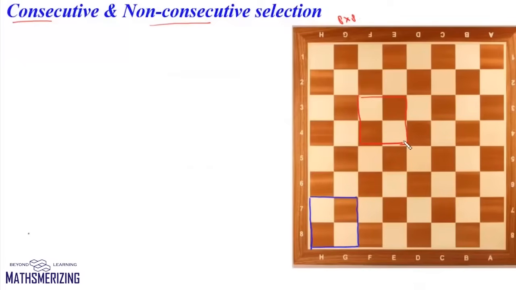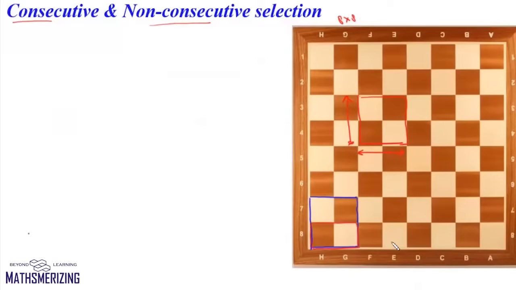If we have to find 2 cross 2 squares, we need 2 squares which are connected horizontally and 2 squares which are connected vertically. So we need to find the number of ways of selecting 4 squares such that 2 of them are consecutive horizontally and 2 of them are consecutive vertically.